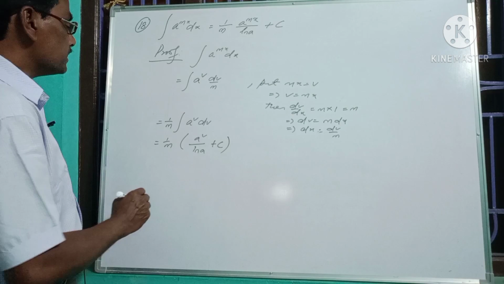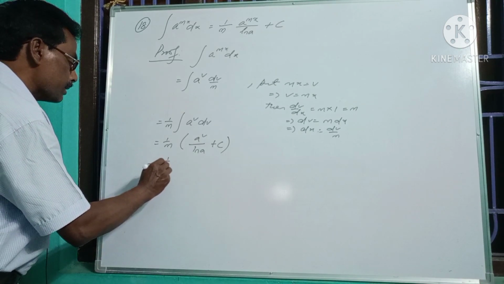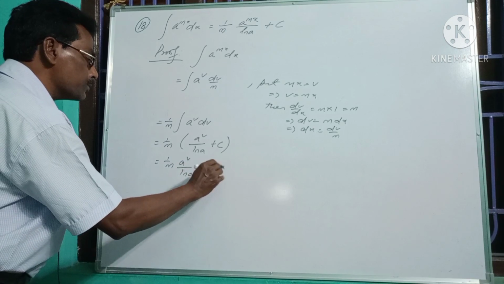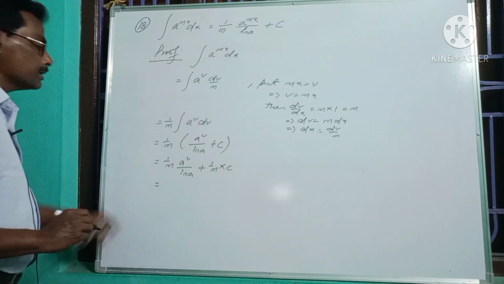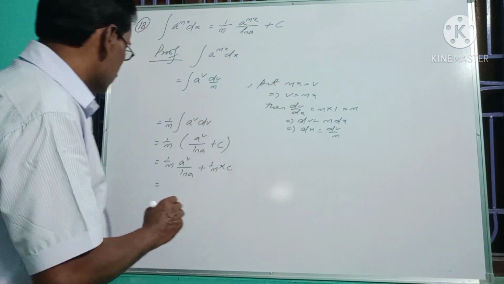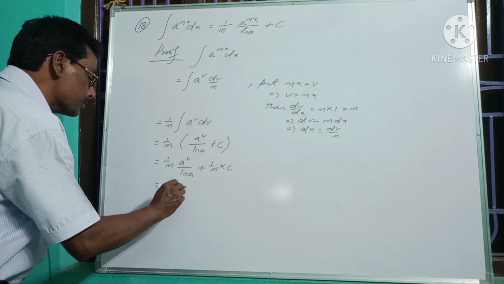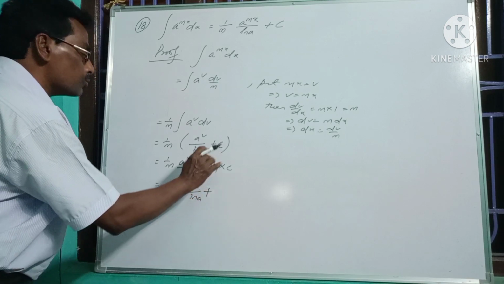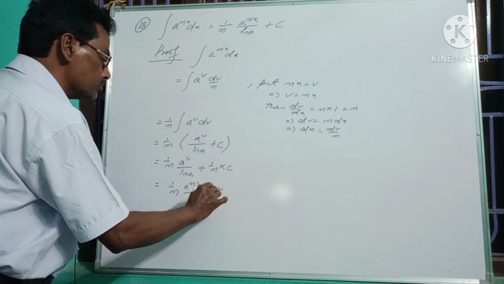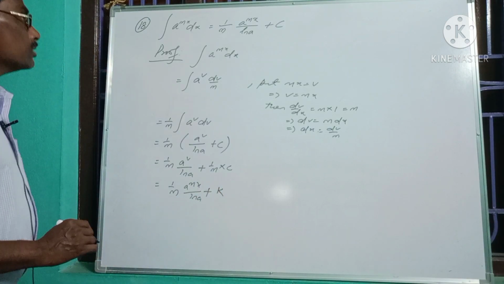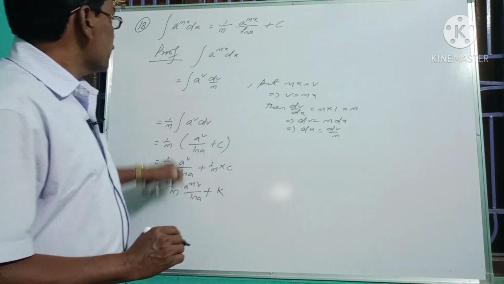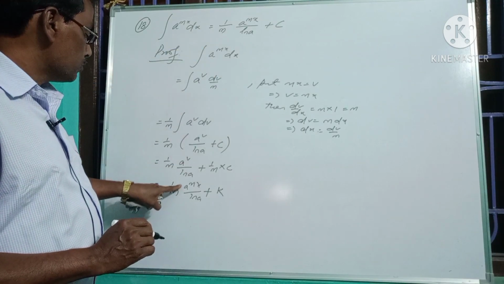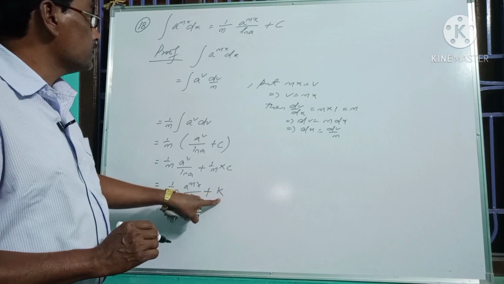Simplifying, we have 1 by m into a to the power v by ln a plus 1 by m into c. Replacing v with mx, we get 1 by m into a to the power mx by ln a plus, where 1 by m into c can be taken as k, the constant of integration. So we proved that integration of a to the power mx with respect to x is equal to 1 by m into a to the power mx by ln a plus k, where k is the constant of integration.